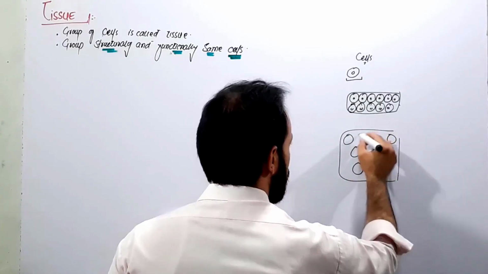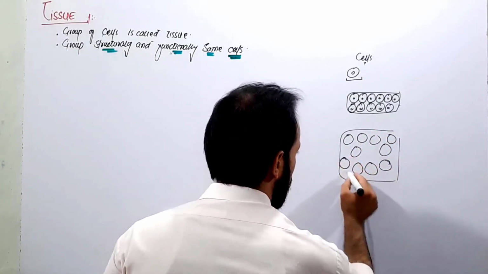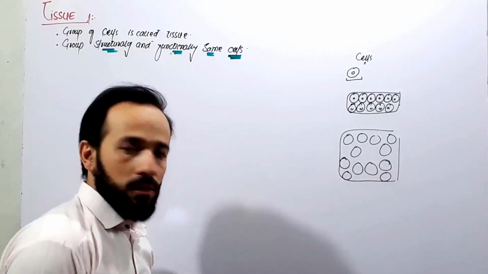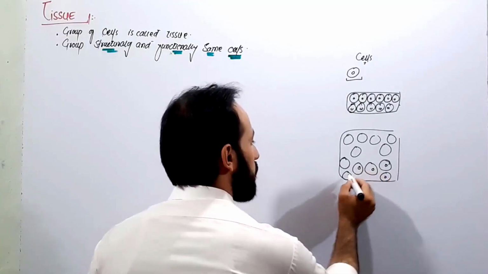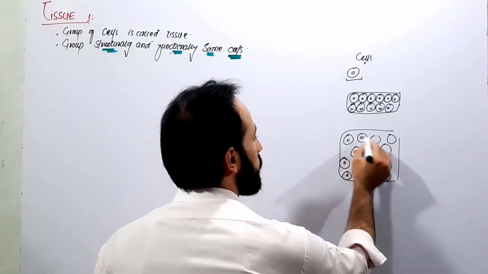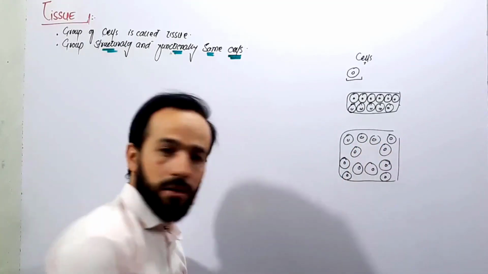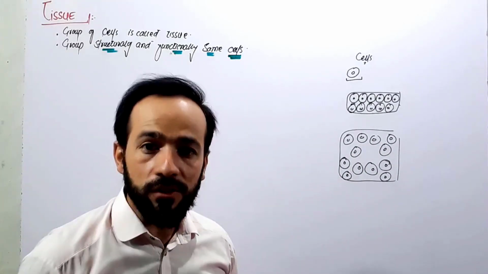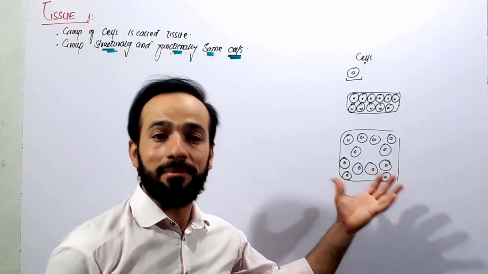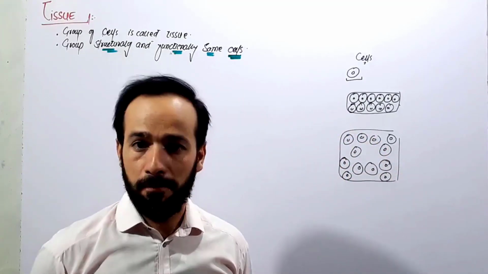We say this tissue is made up of cells, we know that. So these black cells are the cells which are the permanent residents of this tissue. It means that this tissue is made up of these cells, right?